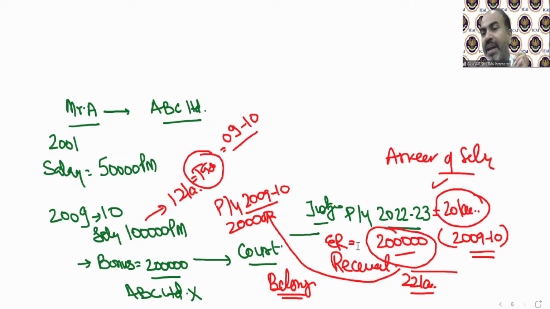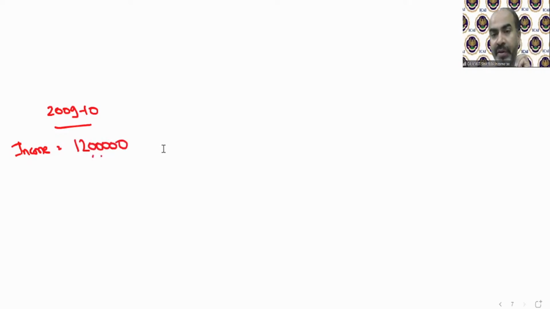So now this 2 lakh has been received in this year. So in previous year 22-23, he needs to pay tax on 22 lakh rupees, in which 2 lakh belongs to 9-10 year's income. Now what will happen? A situation will arise. If we look closely, in 2009-10 there was income on which tax was paid on 12 lakh rupees because bonus was not there. Bonus was debatable.